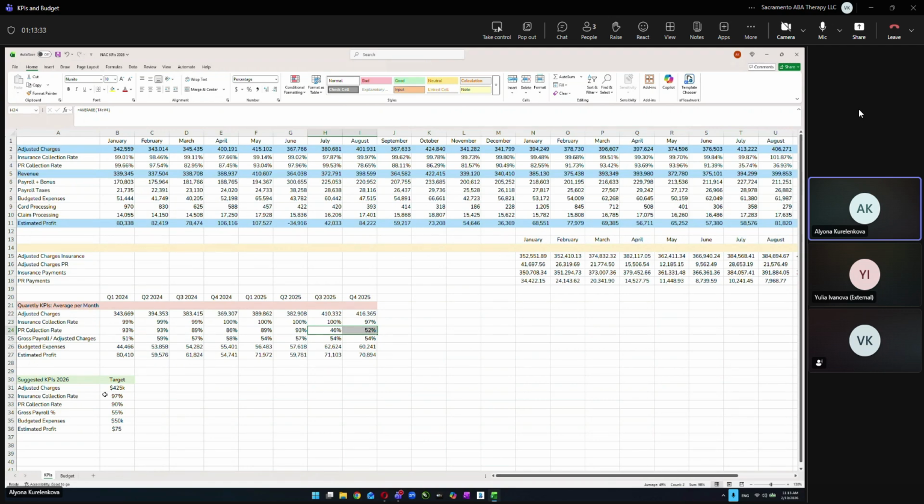I would use this as a basis to set the suggested KPIs because this quarter ended a while ago and we know we can rely on the numbers. And then after we set the KPIs and the budget, and Yulia, after working with me on that Excel that I keep promising you, how to calculate this.